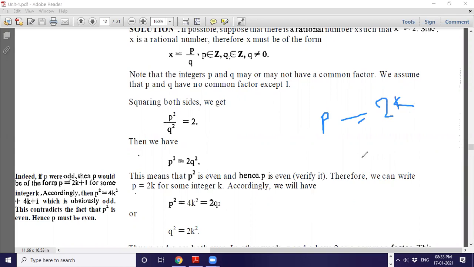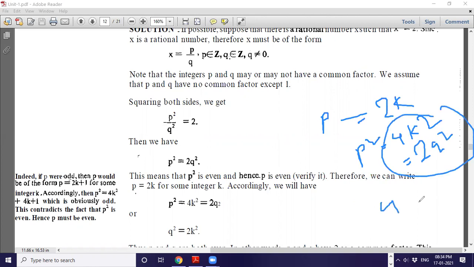Now we will have p square is equal to 4k square, and that is equal to 2q square, which we already got. So, considering this part, q square is equal to what? 2k square.